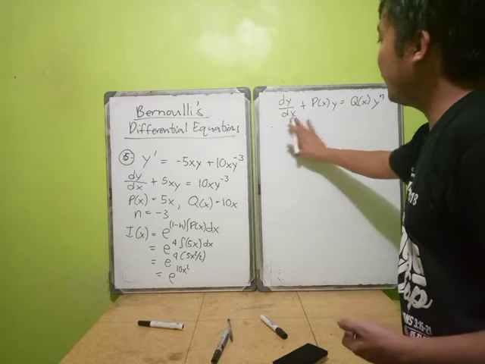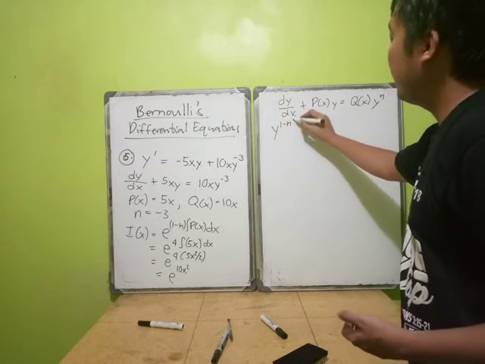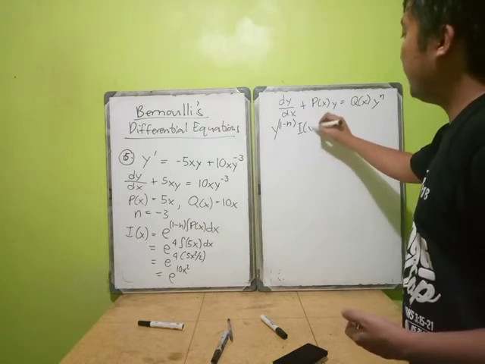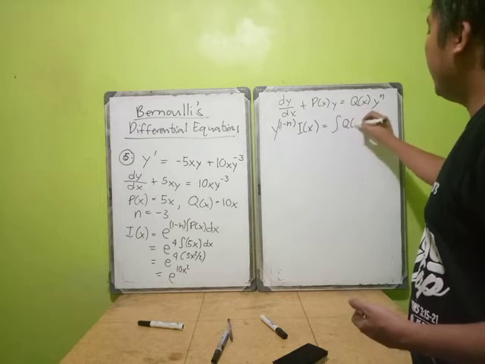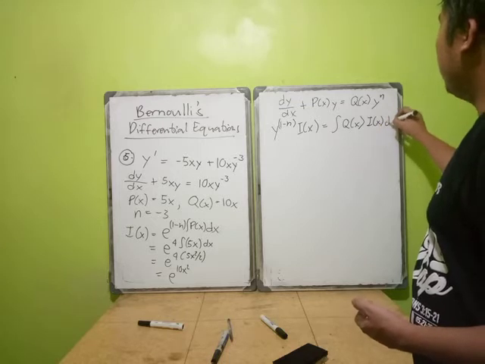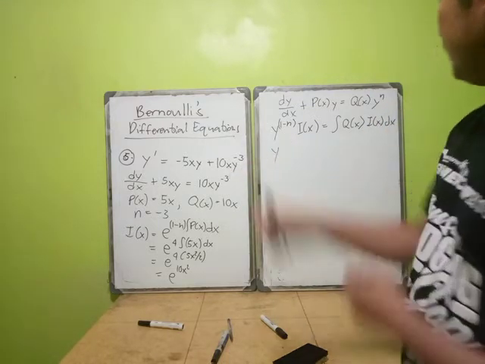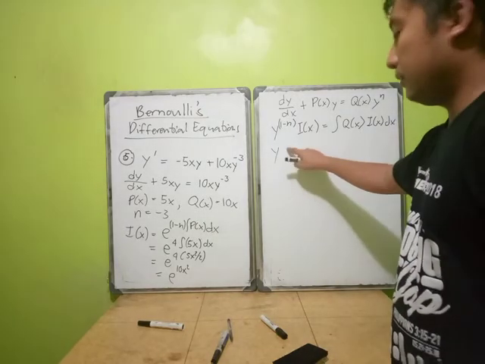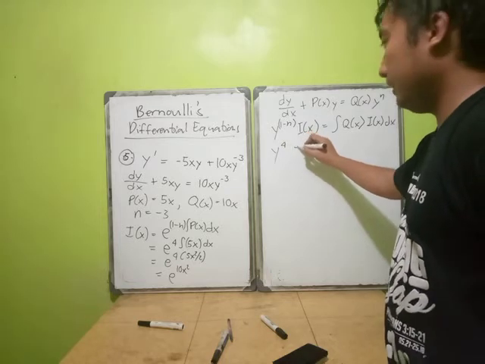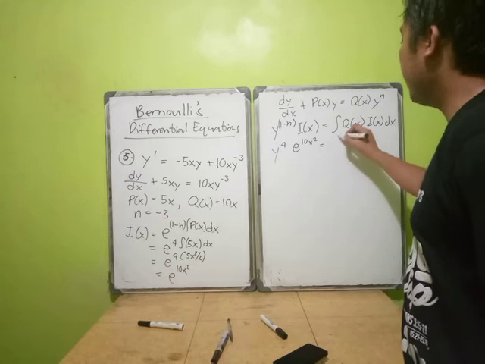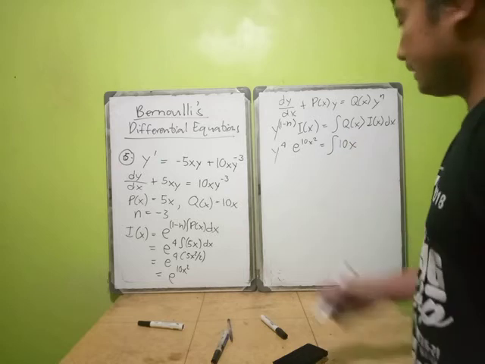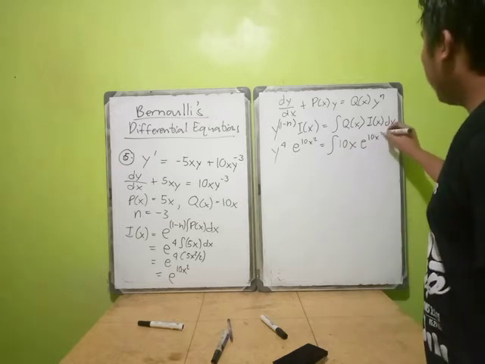So, magiging ganito yung solution niya: y to the 1 minus n times I of x is equal to integral of q of x times I of x dx. So, yung y natin dito is y to the 4, 1 minus n is 4. Yung I of x natin is e to the power of 10x squared is equal to yung q of x natin is 10x. Yung I of x natin is e to the power of 10x squared dx.